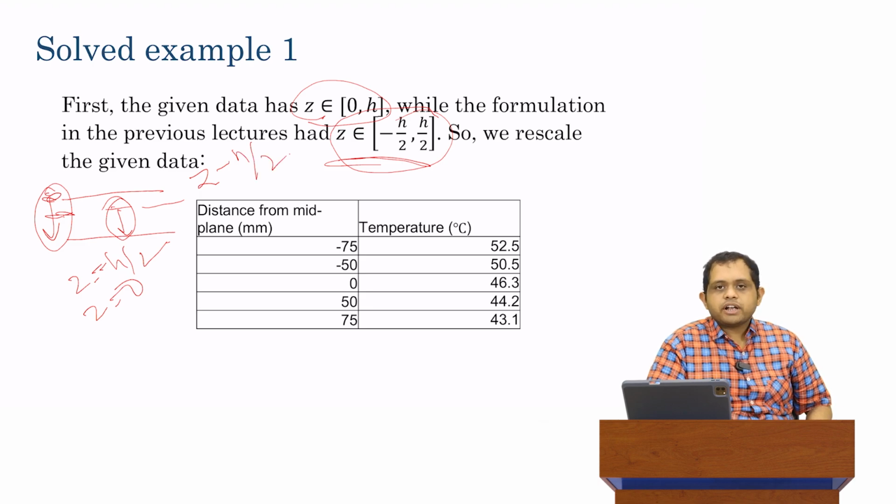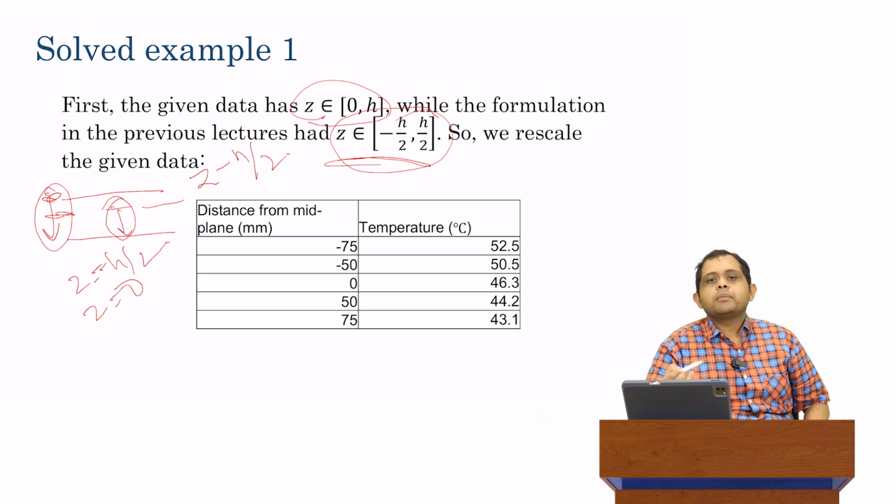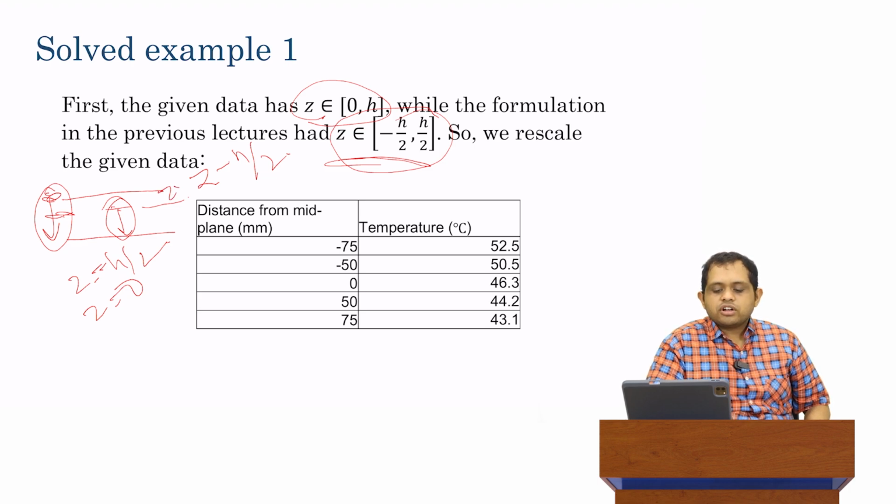So what will happen when we subtract h over 2 from it is that the neutral plane, which in the given coordinate system is at h over 2, will now become at z is equal to 0, which is exactly what we wanted. So we perform this transformation that z is equal to z minus h over 2. That is basically going to shift our coordinate system to the neutral plane, which is what our formulas were based on. So when we do that, we get this data over here.